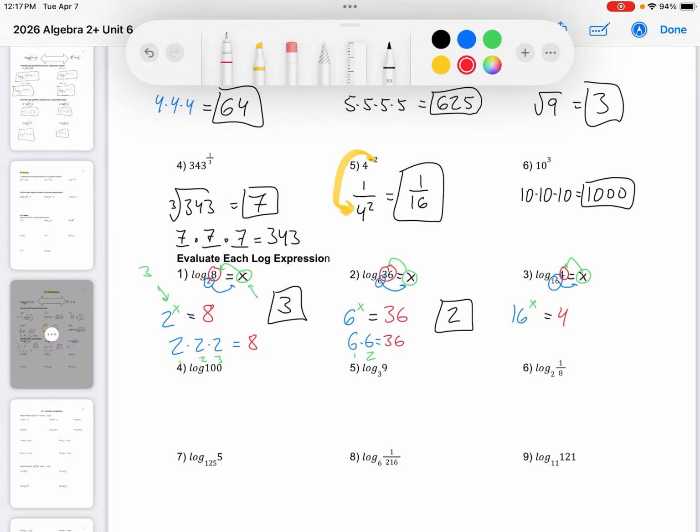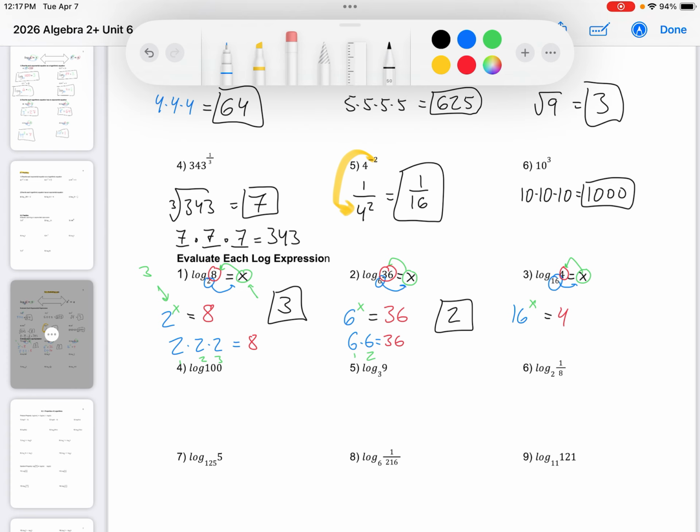So this one might give us a little bit more hesitation because we think, wait, if I multiply 16 times another 16, that's not going to give me 4, it's going to give me a bigger number. So it's not going to be a number like 2, 3, 4, because if we keep multiplying 16s, we're never going to get to 4. So we have to think a little bit more outside the box for this one. We can't use a positive whole number like 2, 3, 4, 5 here.